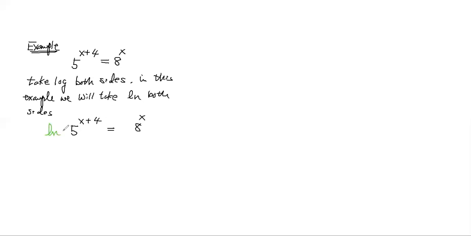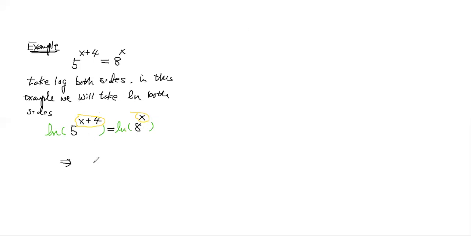That means I'm taking the natural log on both sides here, right? Okay, now I can use the log function property, so I can move these exponents to the front here.